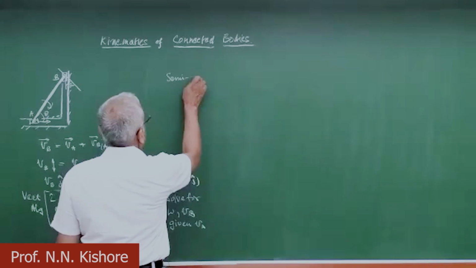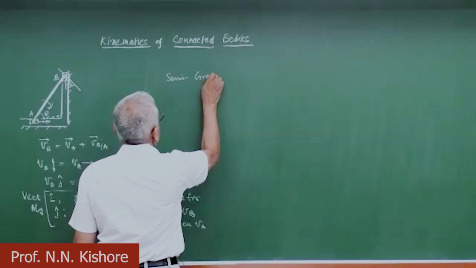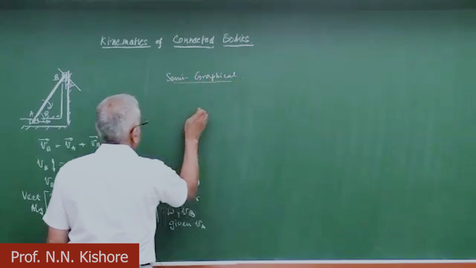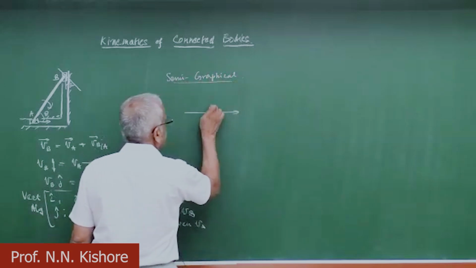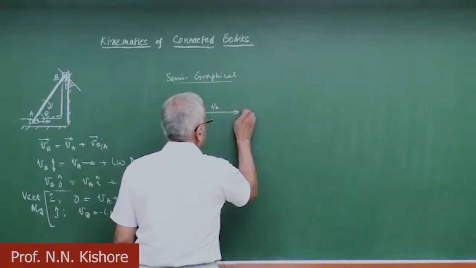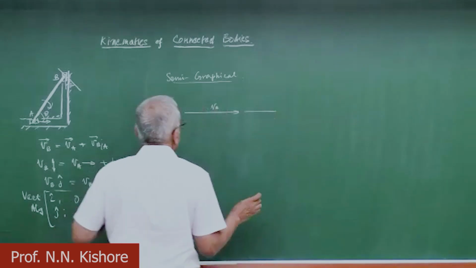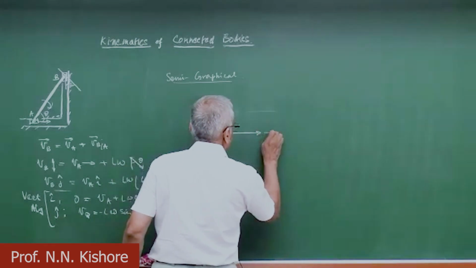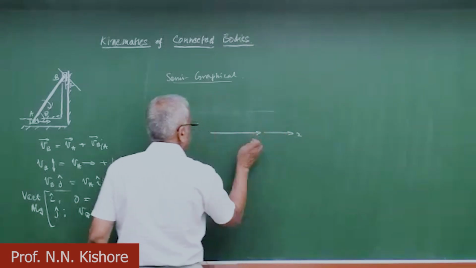Directly, and if you go for semi-graphical, this is faster and intuitive as well. So you have a velocity diagram.